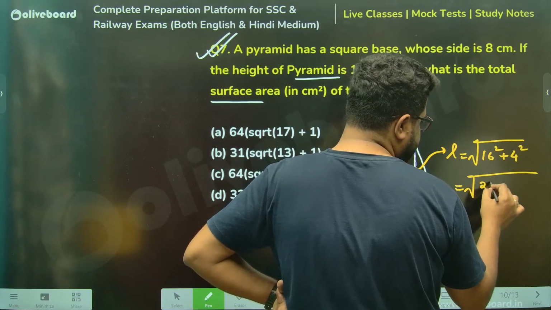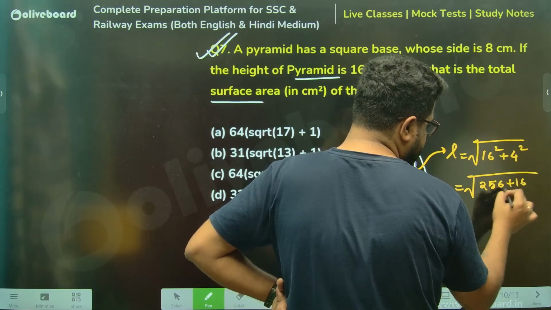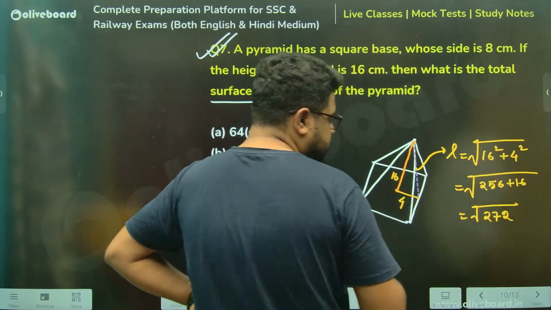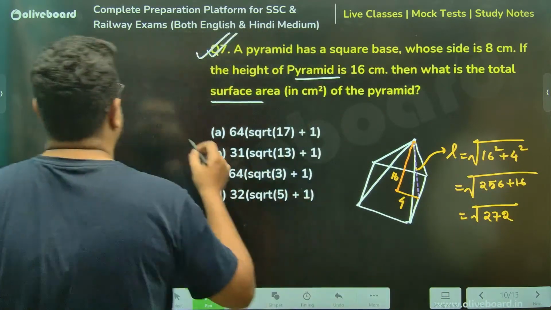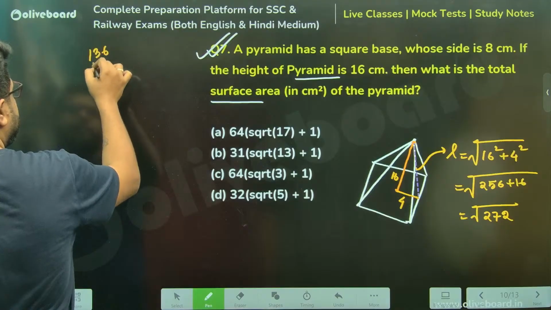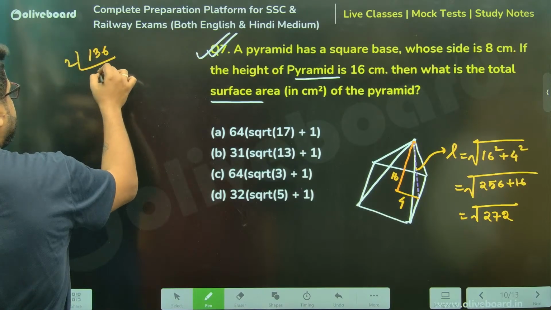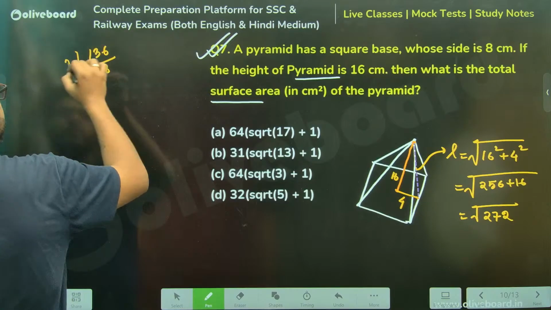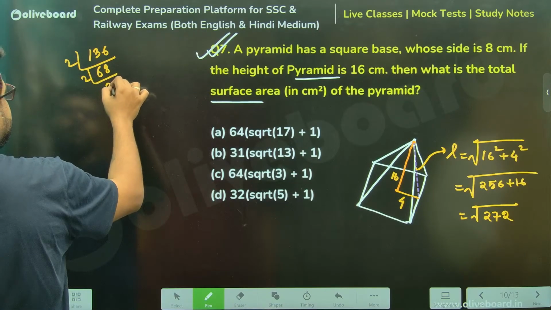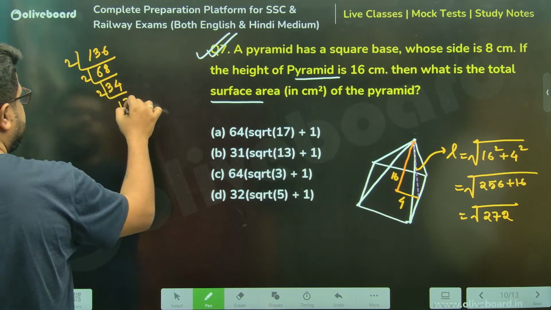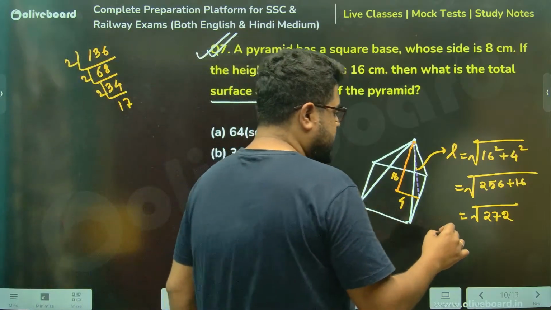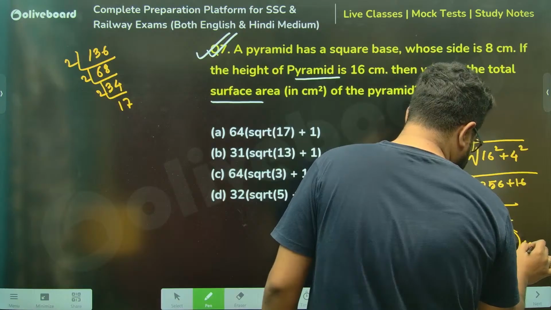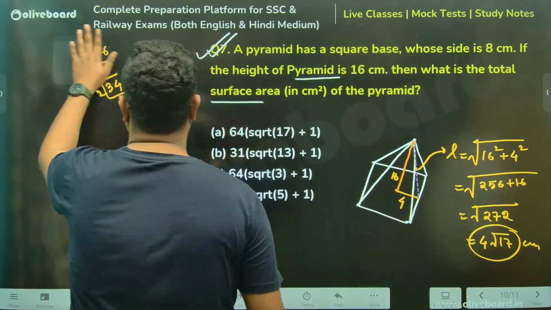So 256 plus 16, which is root over 272. 272 divided by 2 is 136, then 68, then 34, then 17. So we are getting 4 twos, meaning 4 root 17, sir. This is your slant height.